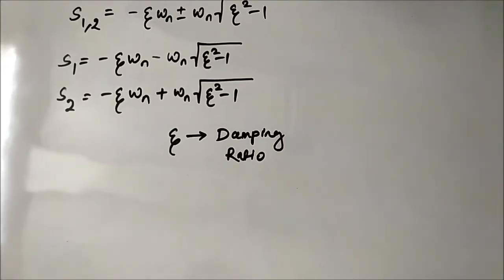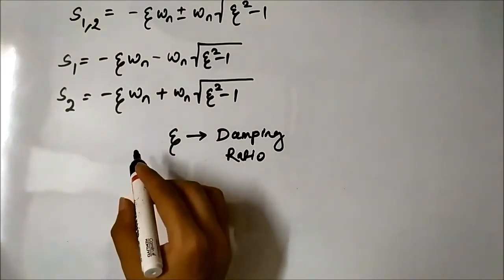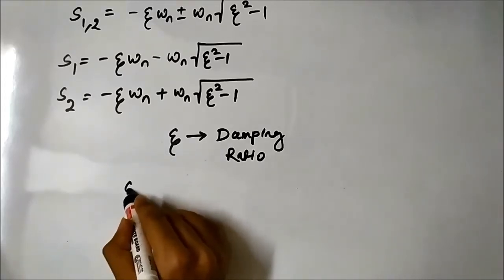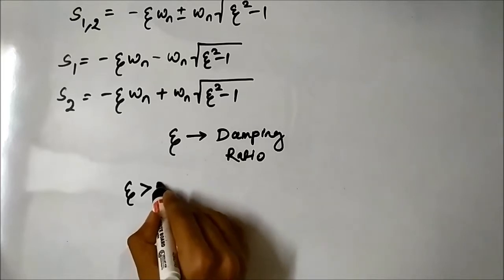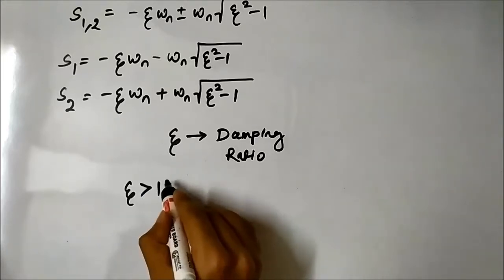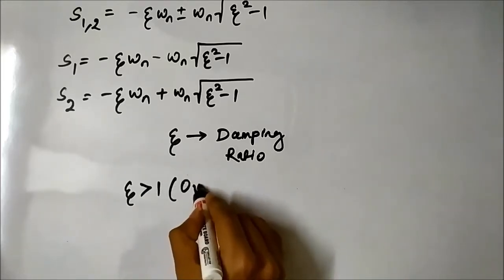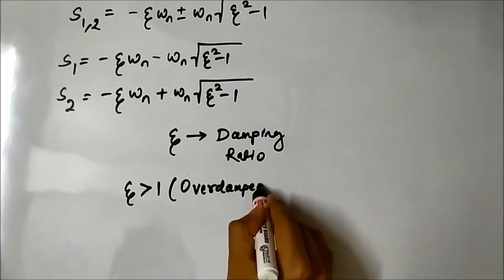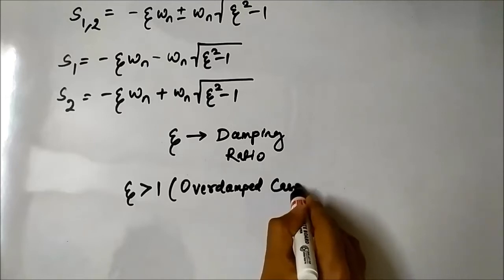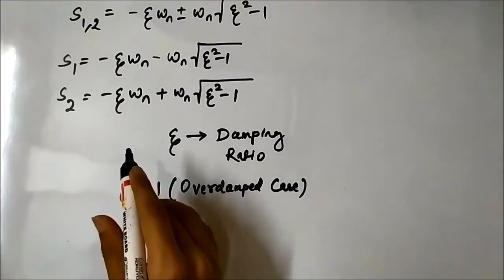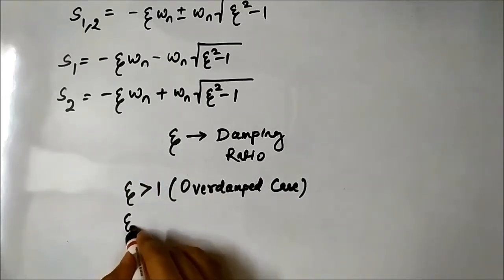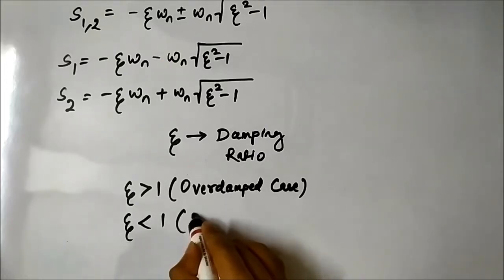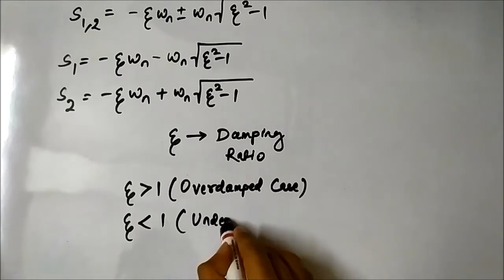So there will be 4 cases arising here. Okay, 4 cases. First one is when this zeta will be greater than 1, which will be called as the overdamped case. The second will be when zeta will be lesser than 1, which will be the underdamped case.